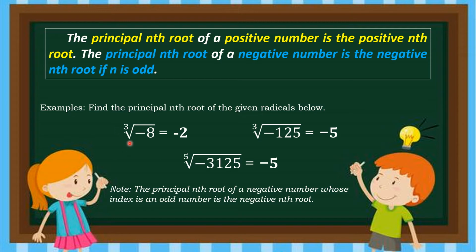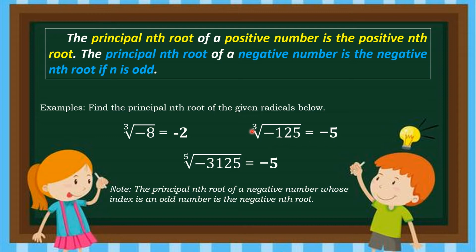So, halimbawa, the cube root of negative 8 is negative 2. Paano nangyari yun? You have to think of a number when multiplied 3 times by itself will result to negative 8. So, that would be negative 2 times negative 2 times negative 2. And yung second example naman, the cube root of negative 125. Since negative na naman siya, again, negative din yung naging principal nth root natin.